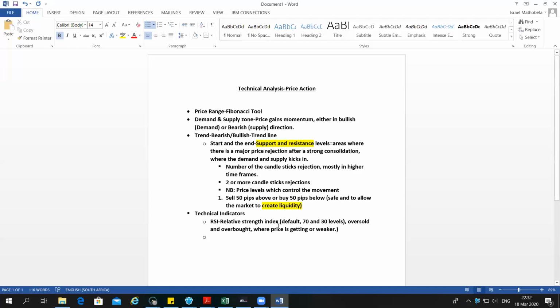The relative strength index. Another one that I would advise for people to use is the MACD histogram. This analyzes perfectly the convergence and divergence of the market, right?